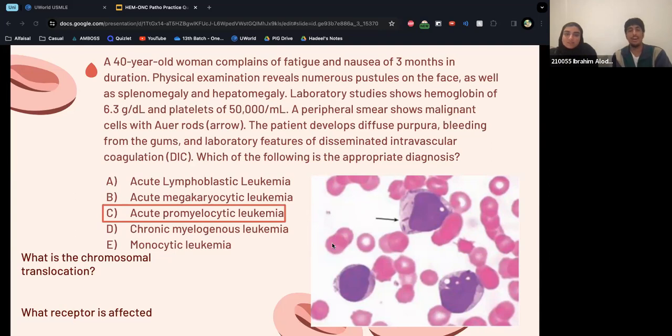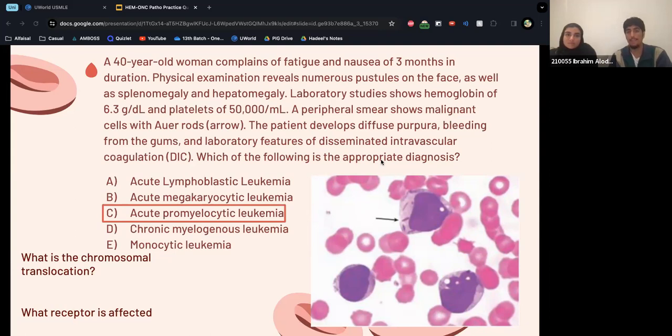Basically the main takeaway from this question is the Auer rods. You're 1,000% going to get a picture of Auer rods in your exam, whether in the OSPE or in the MCQs. You're going to have an APML question, so recognize APML. The second important thing from this question was the DIC, because a lot of patients with APML present to the clinic with DIC and then get diagnosed with APML.